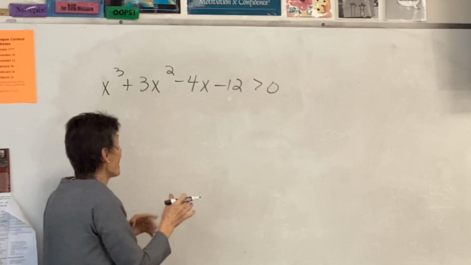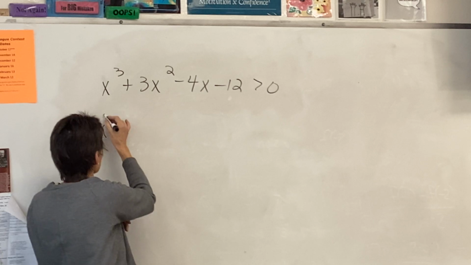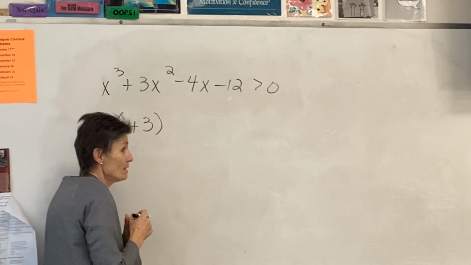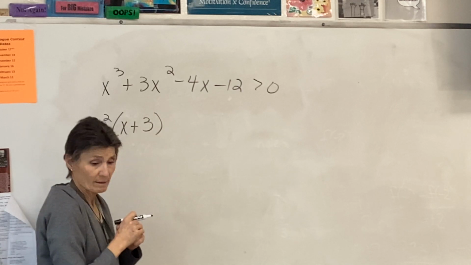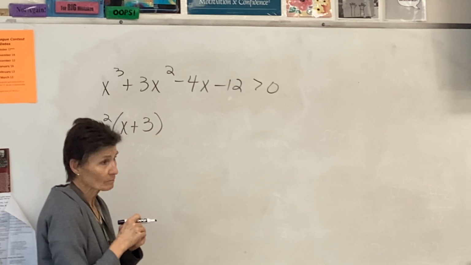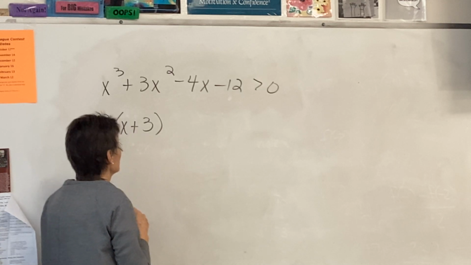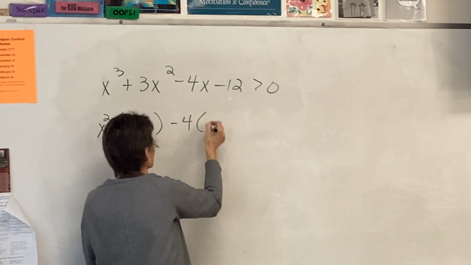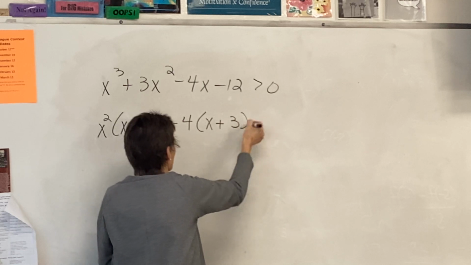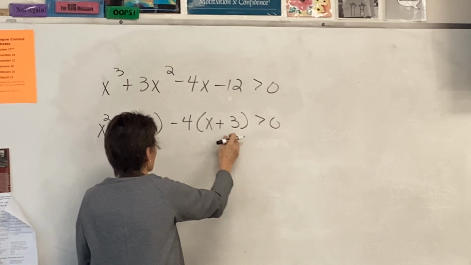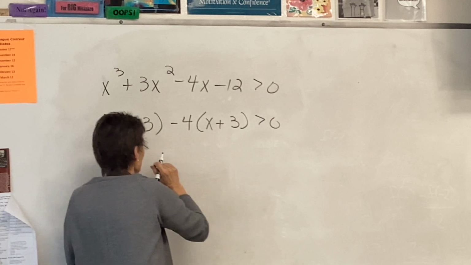Either one, doesn't matter. I'm going to go ahead and factor by grouping because we need practice factoring, some of us do. So I'll take an x squared out of the first 2. What am I going to take out of the second 2? Negative 4. And remember, if you take out the negative, these are going to become positive then. So that's why it's x plus 3.